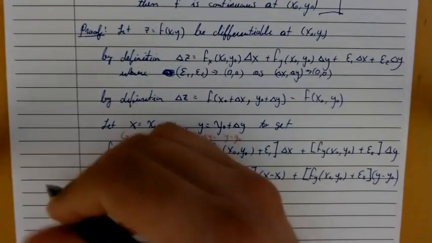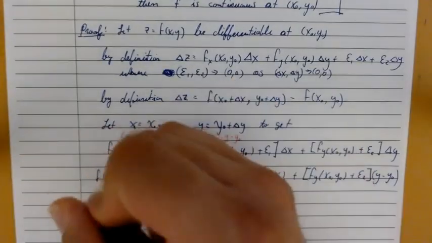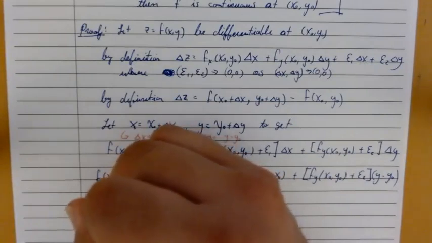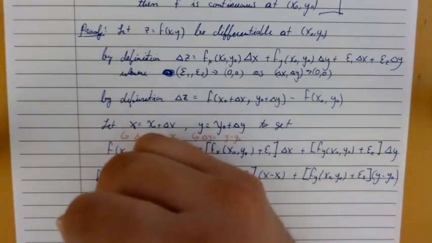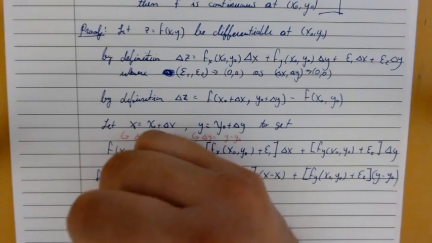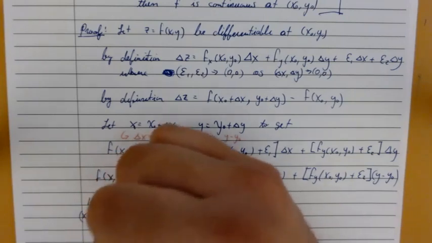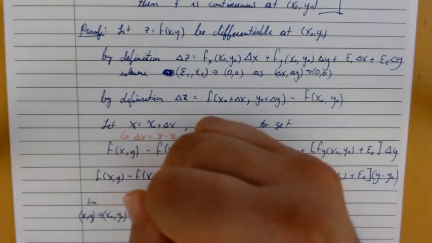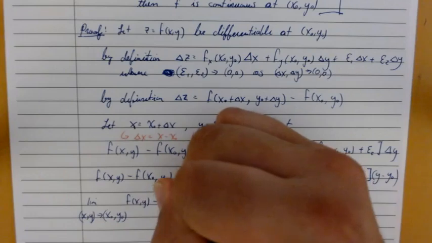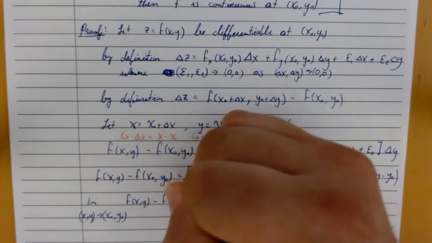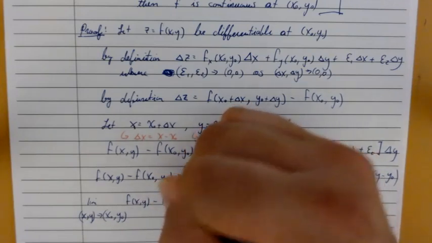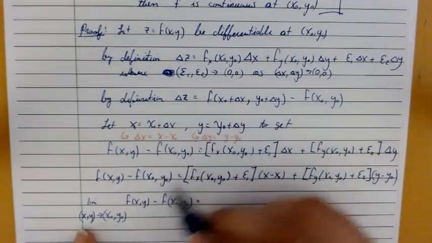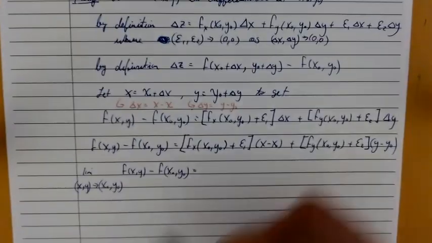So here let's take the limit of both sides. Let's take the limit as x comma y approaches x naught comma y naught on this side. So that'll be f of x comma y minus f of x naught comma y naught is equal to, and let me take the limit of this side.